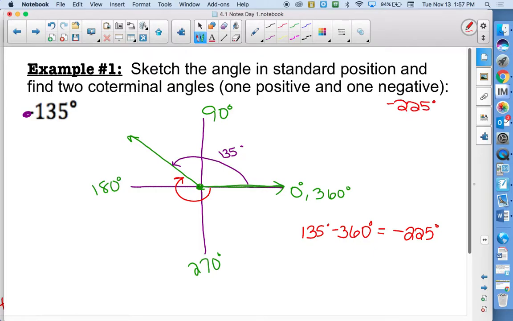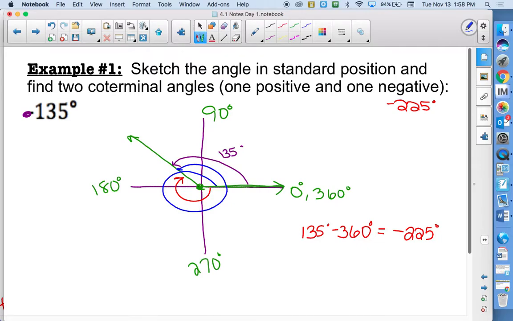But we're also asked to find a positive angle. We can't use 135 because that's the given angle. What do you think, Virginia? Yeah, go the whole way around and then continue to go to 135. So angles can spin around a whole bunch of times.